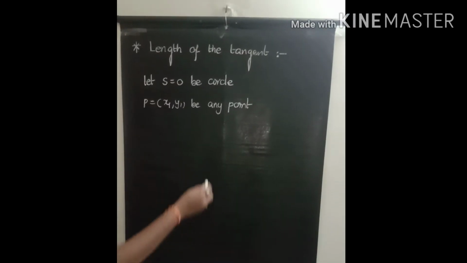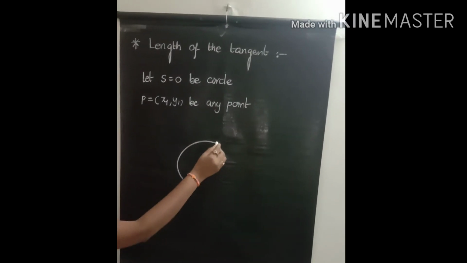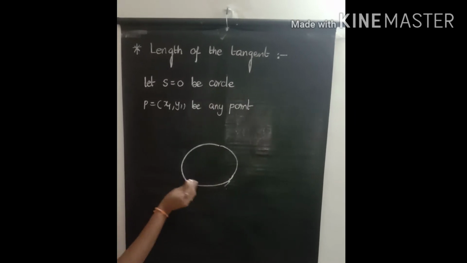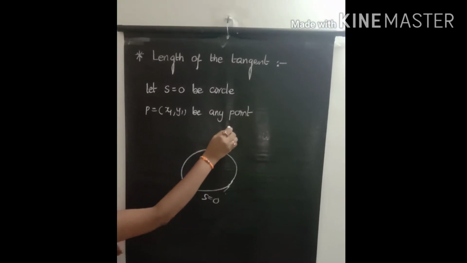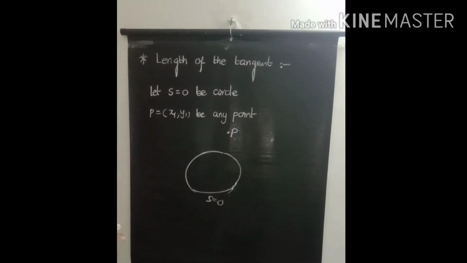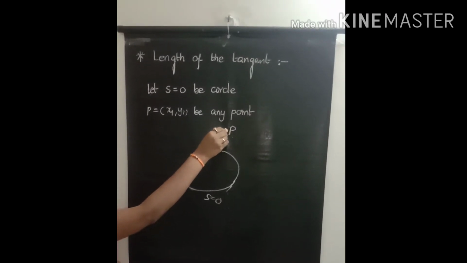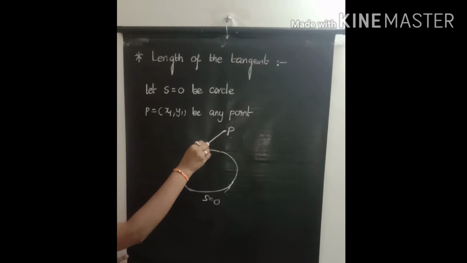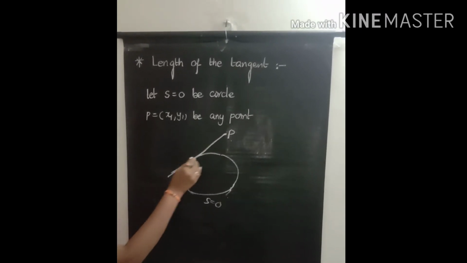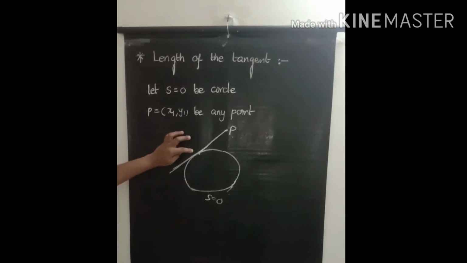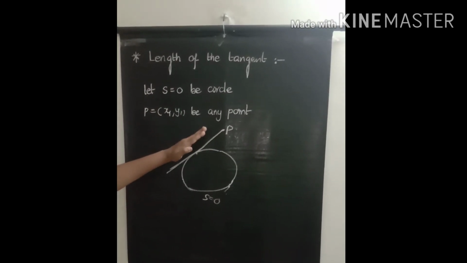So first we take one circle. This is the circle, S equals 0, and P is any external point. Now from this point, first we are drawing one tangent to the circle. What is a tangent? The line which touches the circle at only one point is called the tangent to the circle.